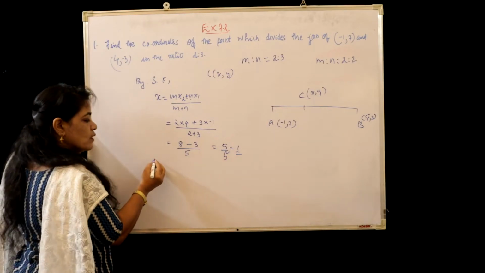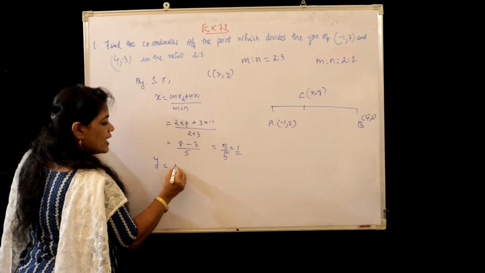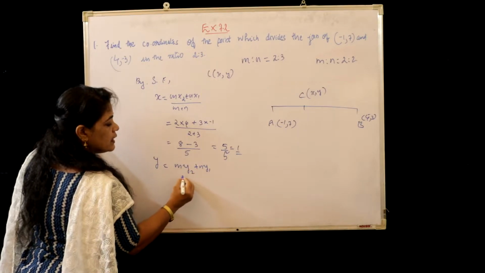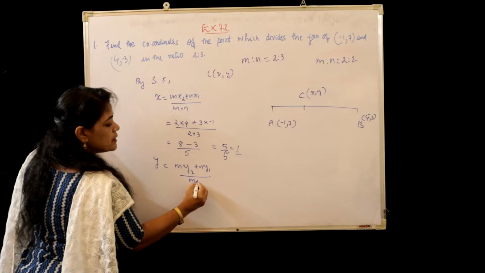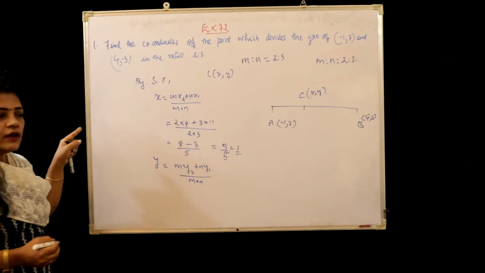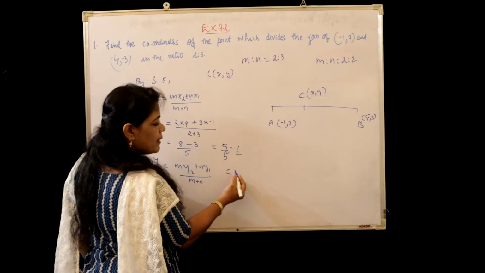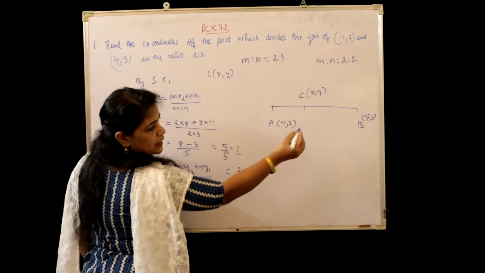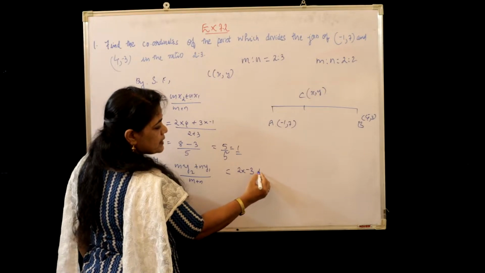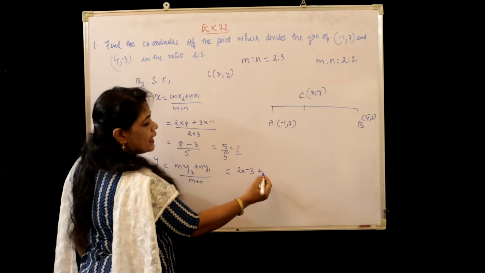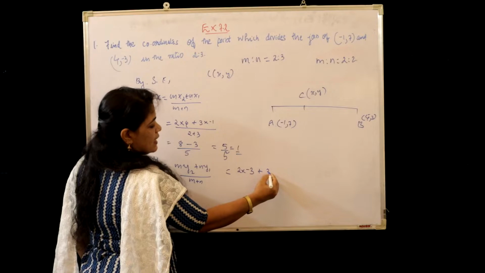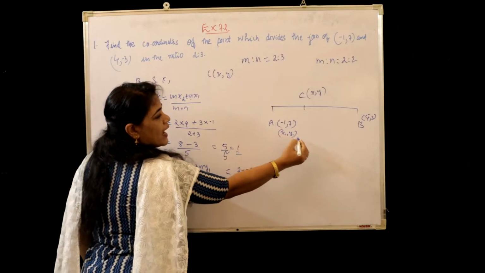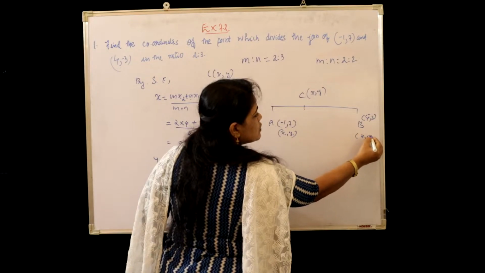And to get the y coordinate, the formula is (my2 + ny1) divided by (m + n). We substitute m as 2 into y2, that is -3, plus n, which is 3, into y1. This is x1, y1 and this is x2, y2.